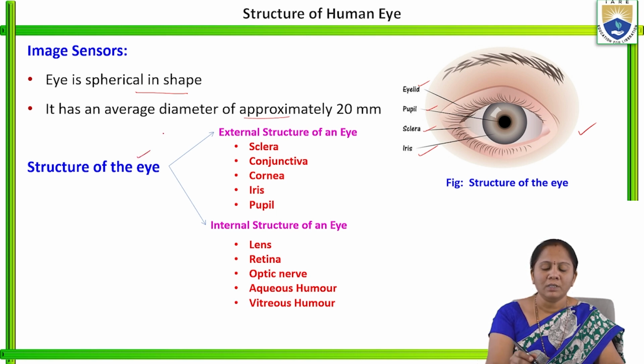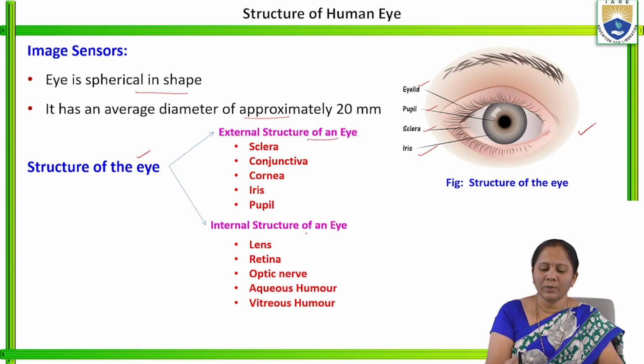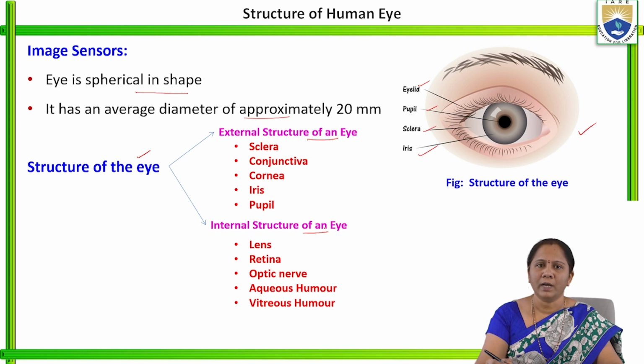The structure of the human eye is classified into two categories: the external structure of the eye and the internal structure of the eye. In the external structure, there are different parts: sclera, conjunctiva, cornea, iris and pupil.